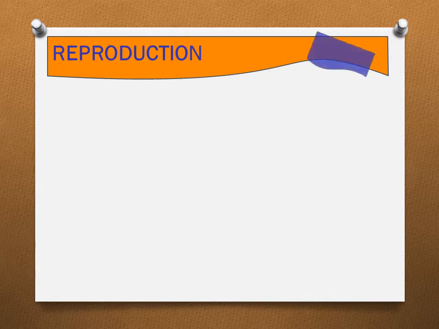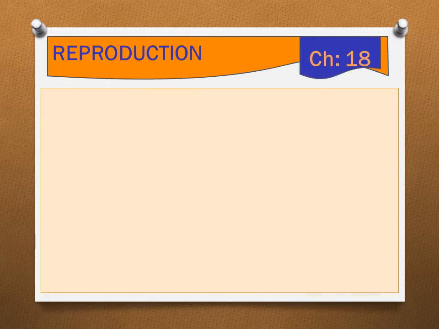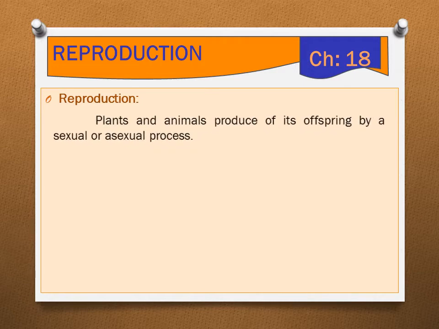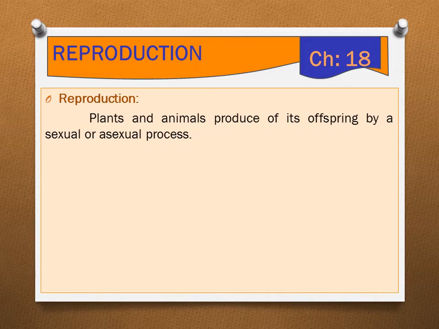Reproduction is the 18th chapter of this book. It is the biological process by which new generations of individuals of the same species are produced. There are two main types of reproduction in plants and animals: asexual reproduction and sexual reproduction.